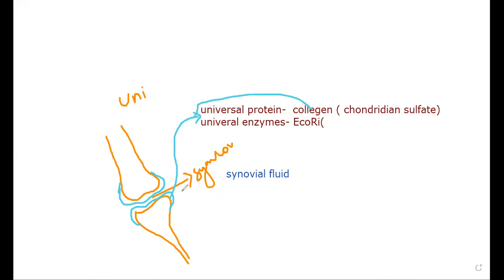In between, there is a fluid called synovial fluid. Then only it can work just like a lubrication process, so we can easily move, for example climbing upstairs. Suppose in an old person, the collagen is completely degenerated, destroyed. So that's why they get knee pain.